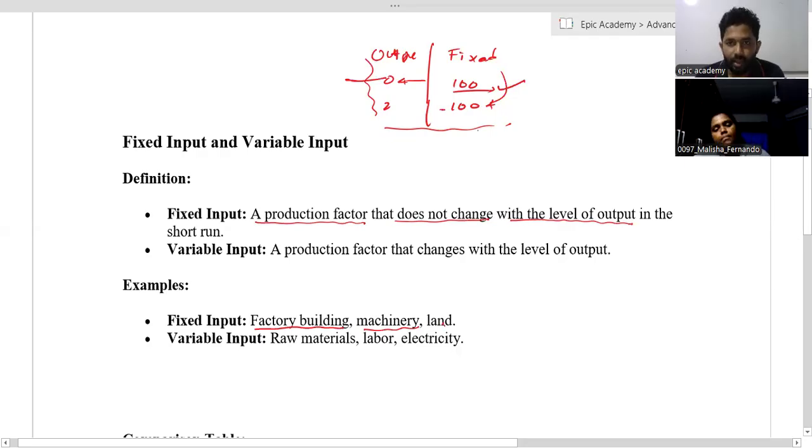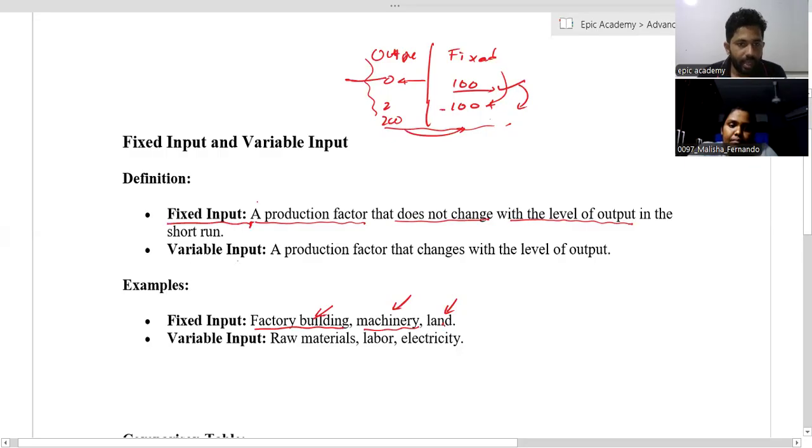Land is already there. Tomorrow you are going to produce 200 commodities. The building is stable. Same building, same machineries, same land. Those are not going to change. That is why we call it fixed input. You got the idea?